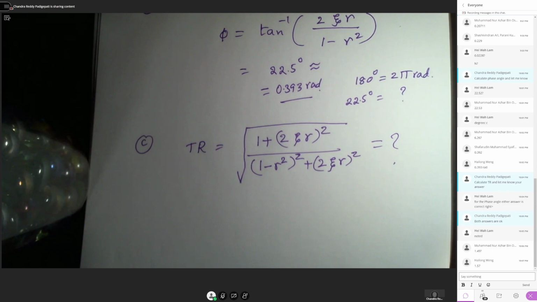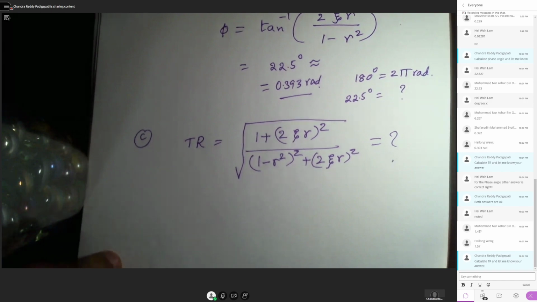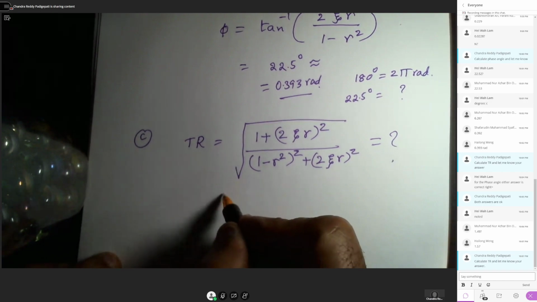You can check your answer again, Azir. Heilong is giving 1.57. That's correct. So the answer is 1.57.